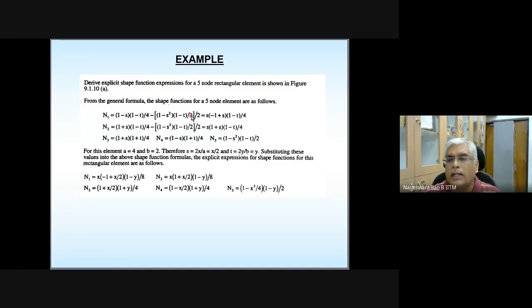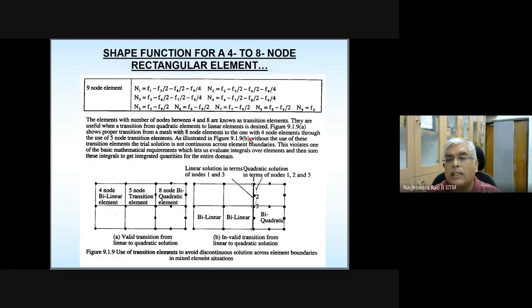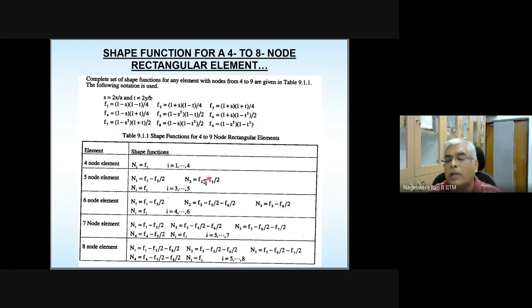So once you write the expressions either in the S coordinate system or the X coordinate system, here the expressions are written in terms of the S coordinate system, because here these formulas are used directly. These formulas are based on S and T. S is defined as 2x divided by a, T is defined as 2y divided by b.